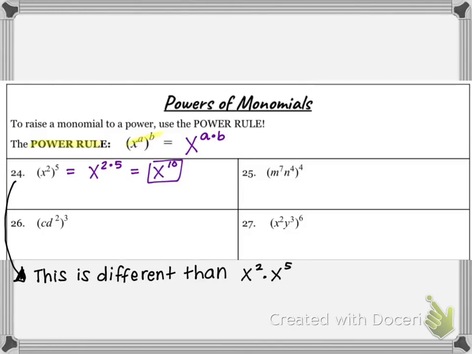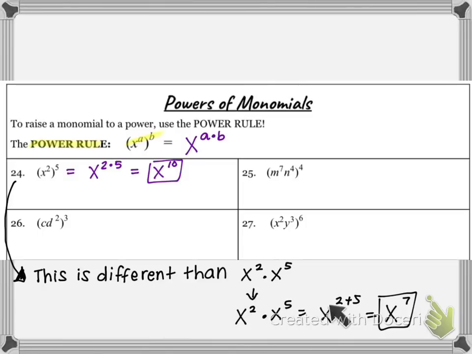Now this is different than x squared times x to the 5th. In the last page, we wouldn't have had something that looked like this. We would have had x squared times x to the 5th, right? Remember, you add 2 plus 5 here, and it's going to be x to the 7th. But up here, when we have x to the 2 raised to the 5th power, it looks different, right?